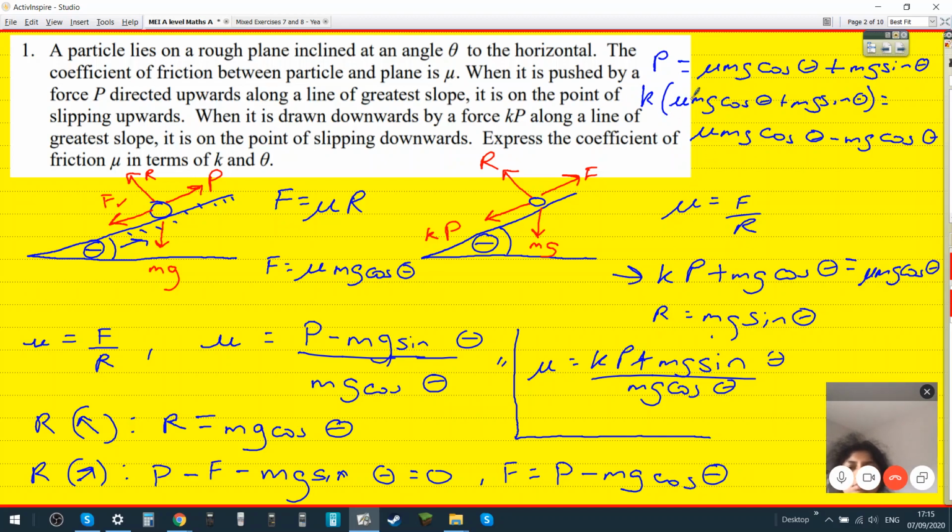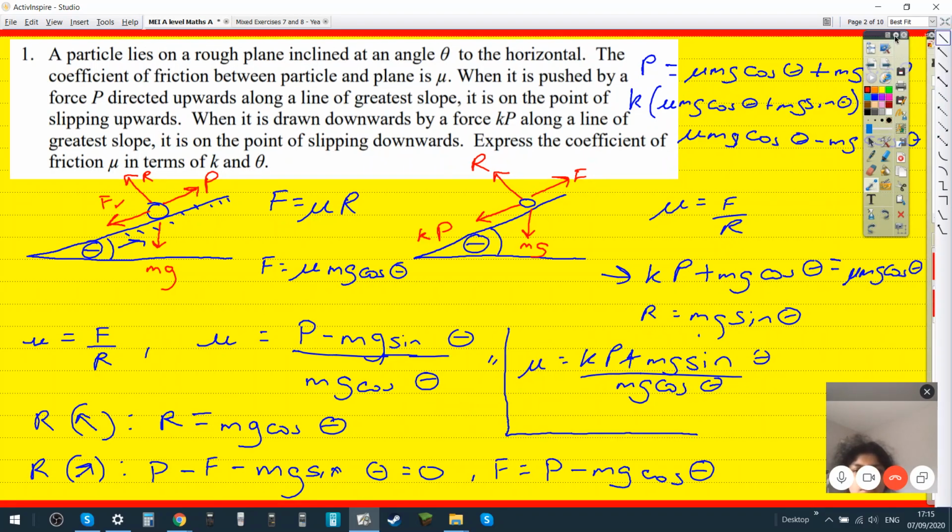Okay. And so do you... You're meant to express mu, so you would have to expand it, I think, and then take out mu. You could divide everything by mg. You expand it and then bring all the mu terms to one side and then factorize out mu.